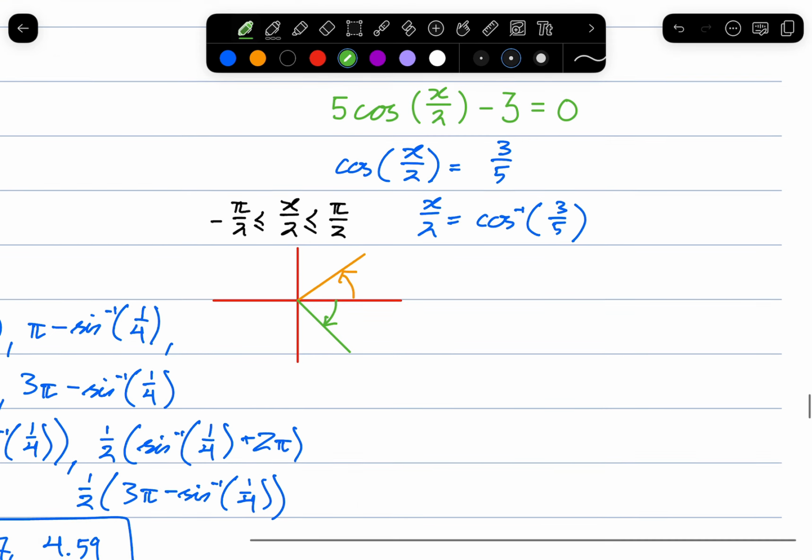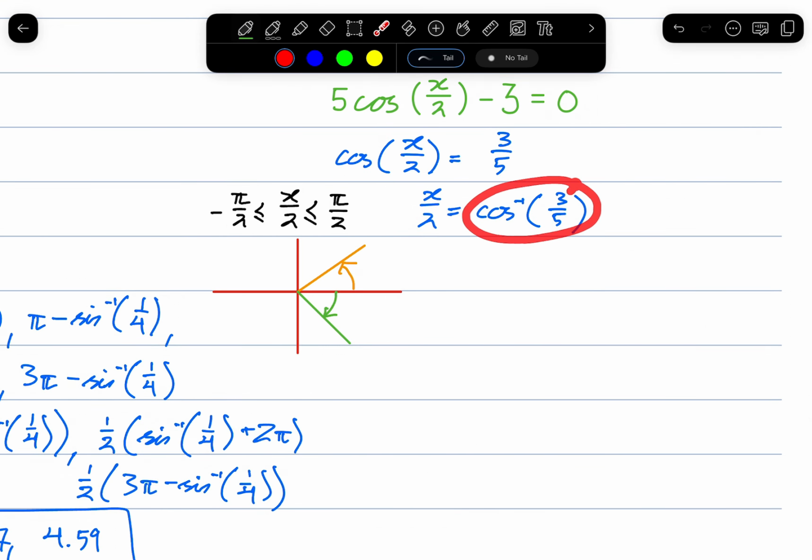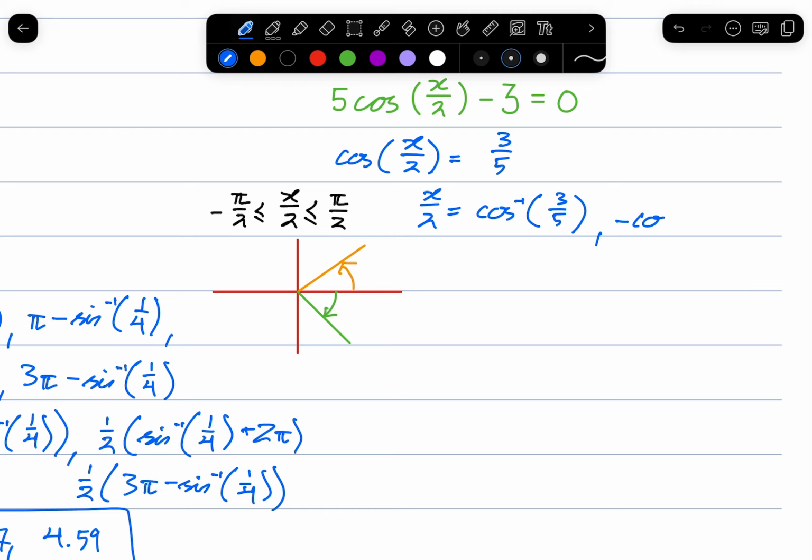So we're looking for positive cos inverse 3/5, and the next easy one is just simply going backwards of this, so negative cos inverse 3/5. And from here, we can get our exact solution. x equals 2 cos inverse 3/5 and comma negative 2 cos inverse of 3/5.